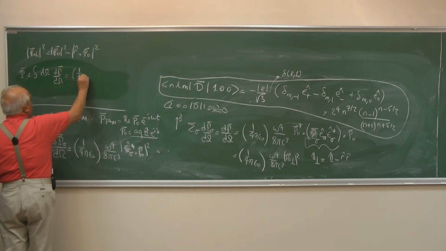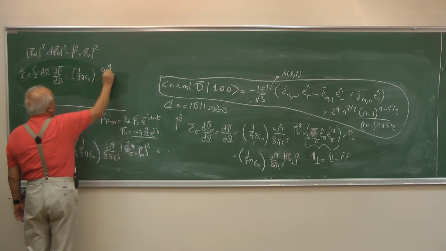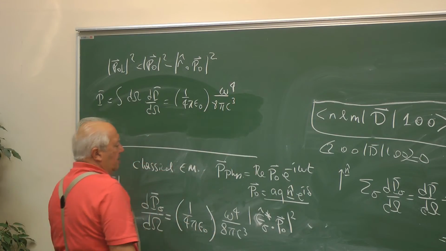So it is 1 over 4 pi epsilon 0 omega 4 over 8 pi c cubed times the integral.